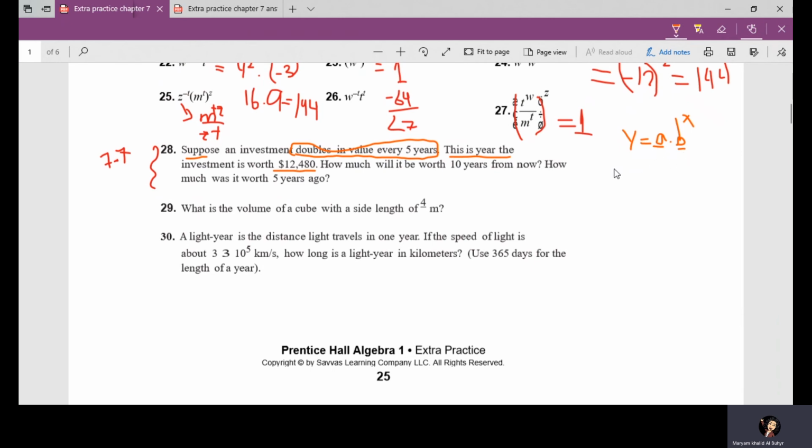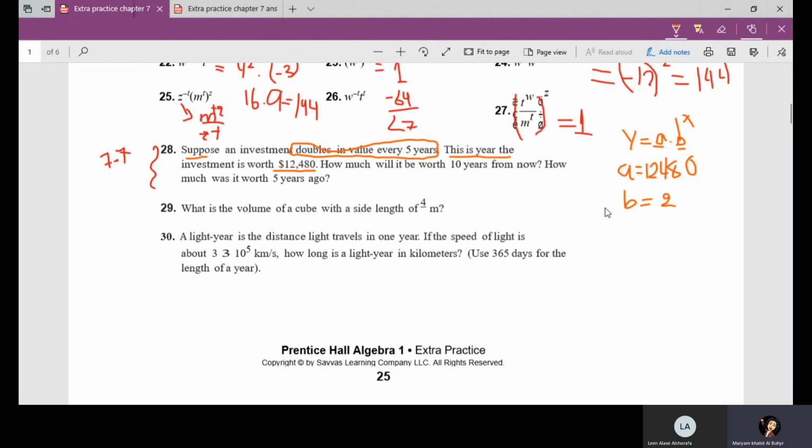So here a, the initial value, equals 12,480. Now what is b? Since b is the common ratio, I notice that the investment doubles in value every 5 years. So b here equals 2.